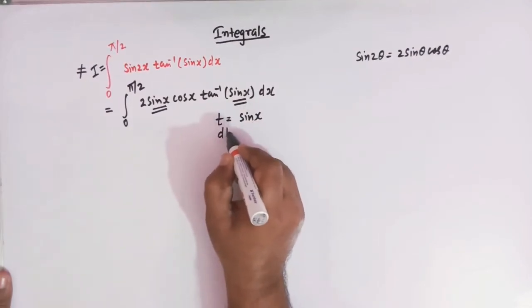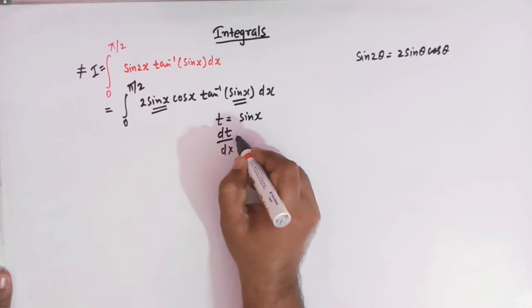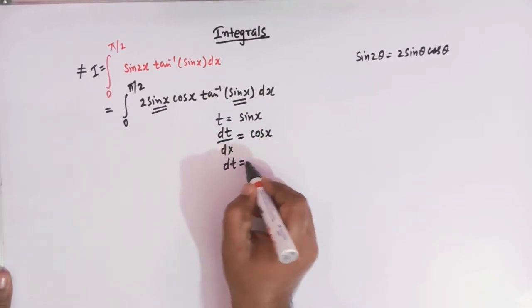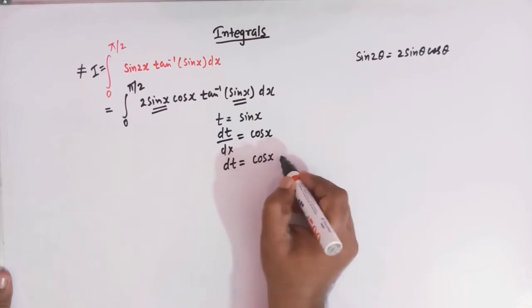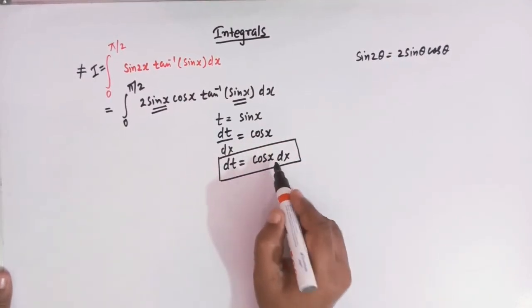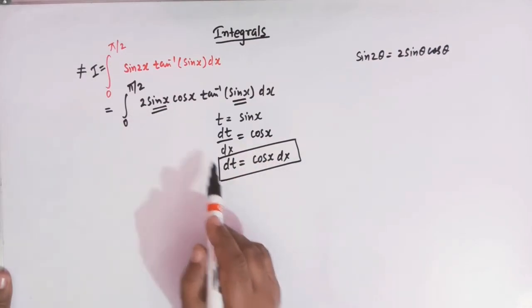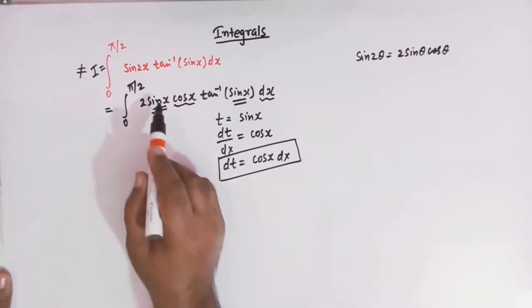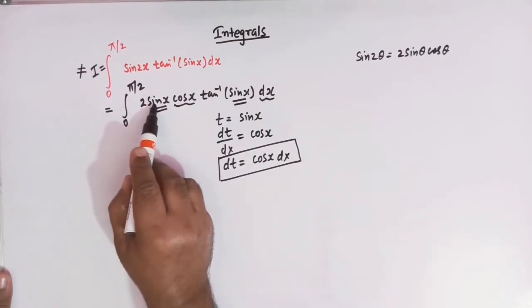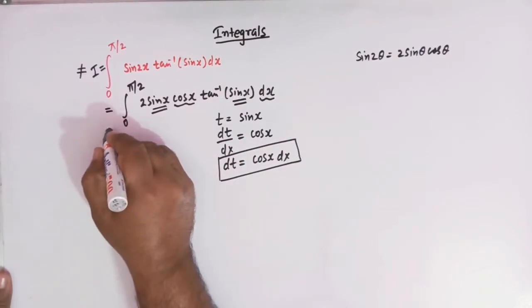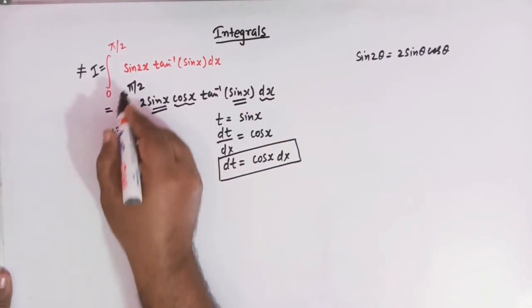So if we differentiate, dt over dx is cos x, and dt is equal to cos x dx, right? So for cos x dx we can take dt, right? So here we have cos x and here we have dx, and here we can take t, here also we can take t, right? And see, the limits varies from 0 to pi by 2.